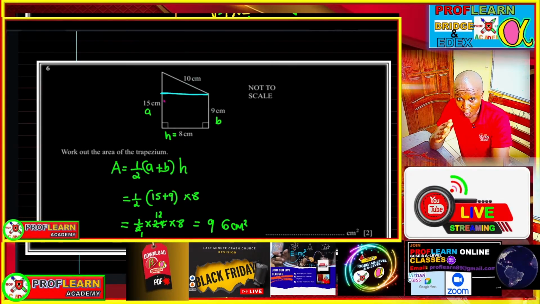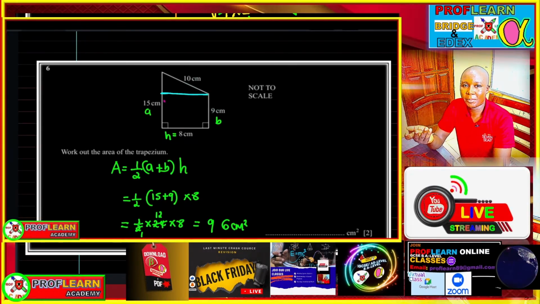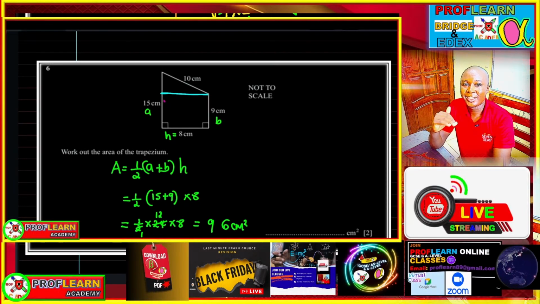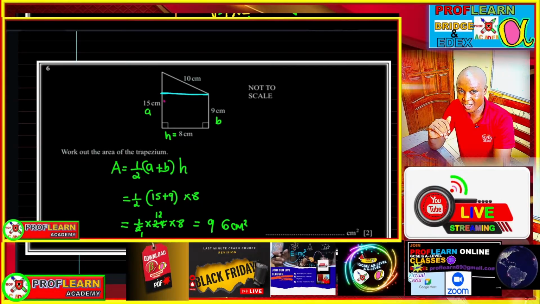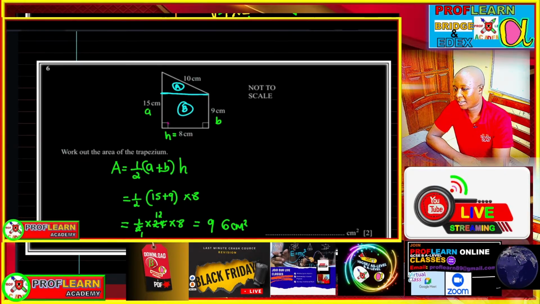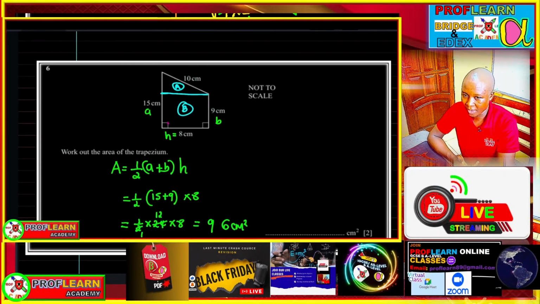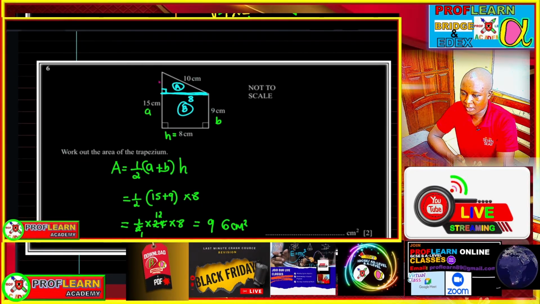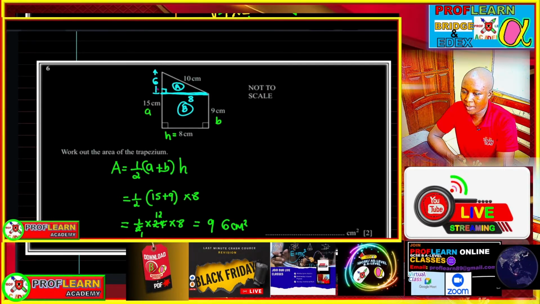Other candidates observed that this shape can be subdivided into two shapes. A trapezium is made of a triangle and also a rectangle. Then the candidate decided to say, okay, this is area A, and another said this is area B. Therefore, we are going to find the area of the triangle, because this is 15 and the other side here is 9. So 15 minus 9 is going to be 6, so that is the base of the triangle.